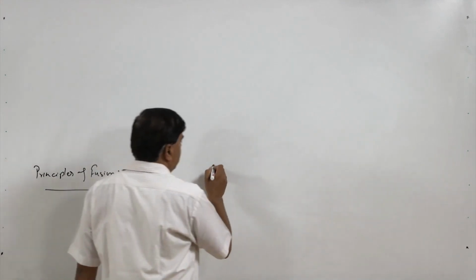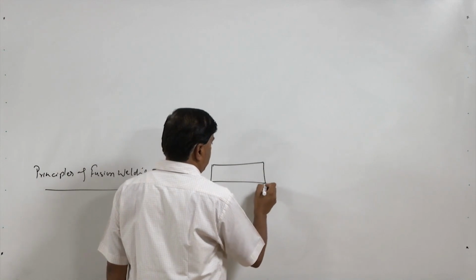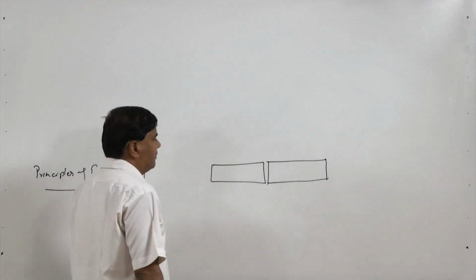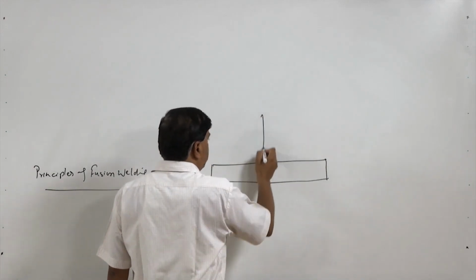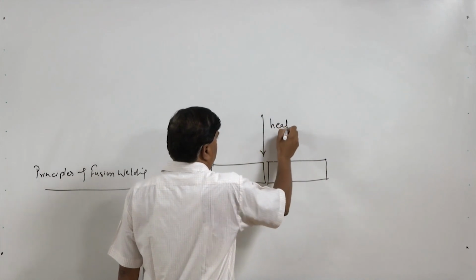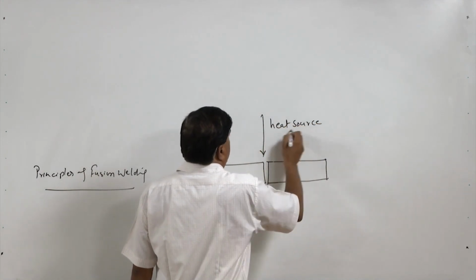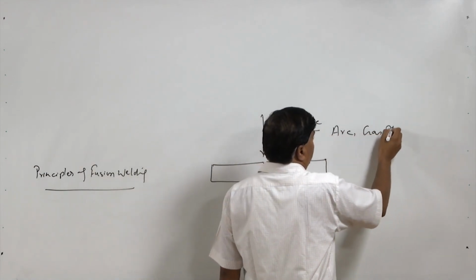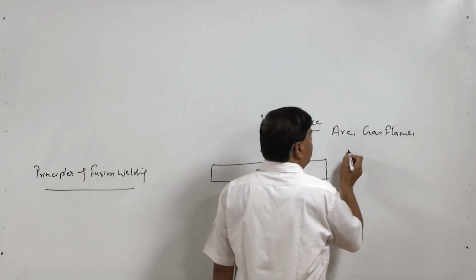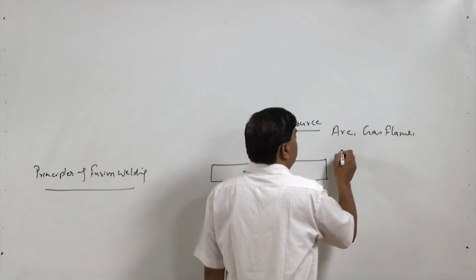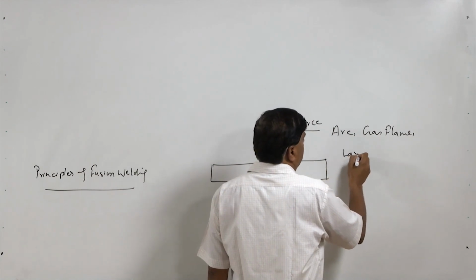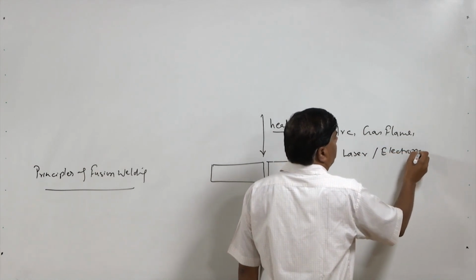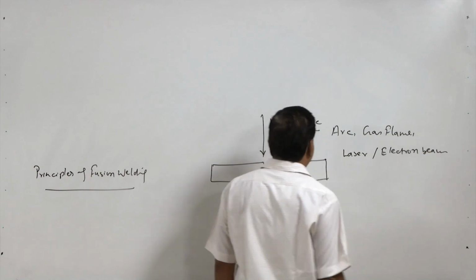Now, the components to be joined, after proper cleaning of the fitting surfaces, a suitable heat source is applied in the form of an arc or gas flame, or say the laser or electron beam, and likewise any other heat source.